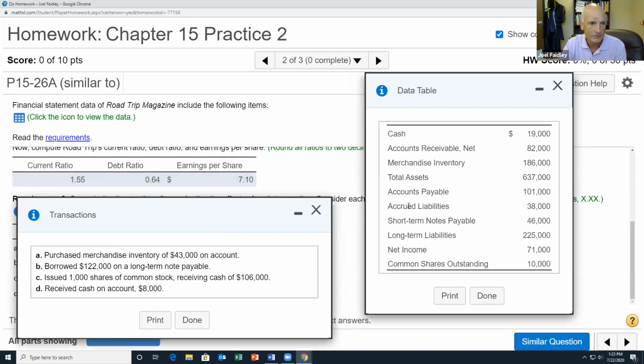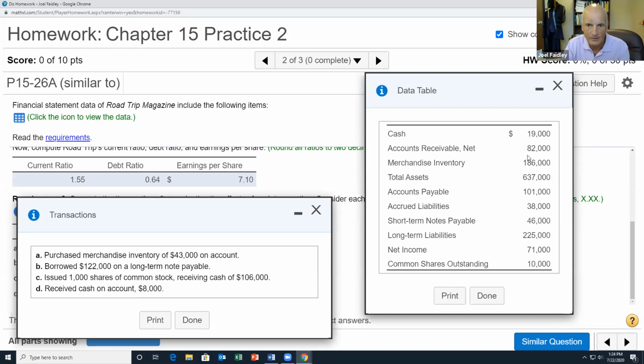All right, the debt ratio is going to be, well, my current liabilities, which are 185 plus 225. So my total liabilities are 410,000. And my total assets, that's tricky there. Total assets 637.